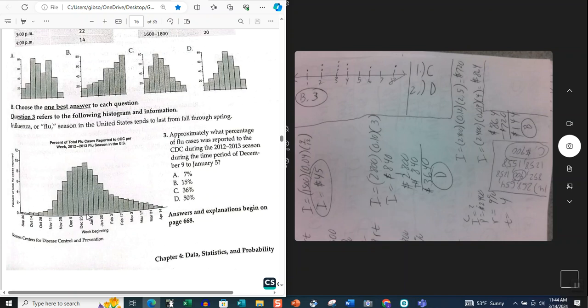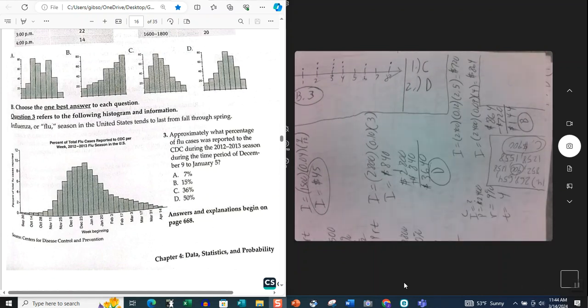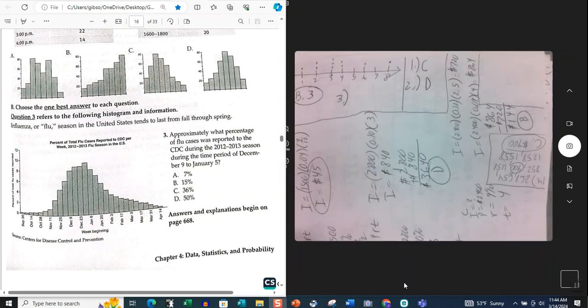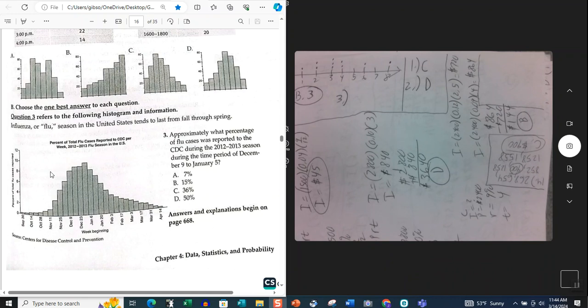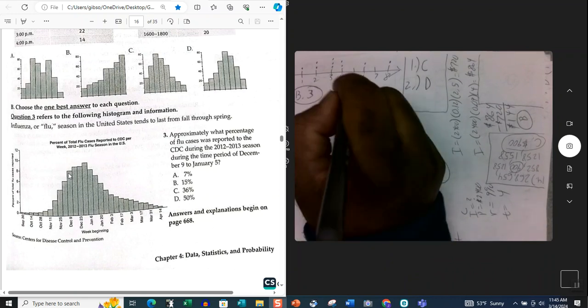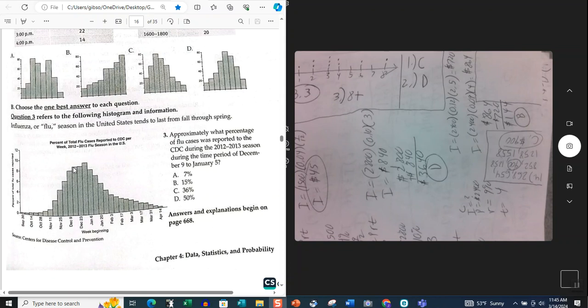If we look here, we will have to add those values. It's 1, 2, 3, 4 bars here, so it'll be these 4 bars. Now let's add them. We start here at December 9th, which is approximately 8, plus this next bar, which I would say is about 9.